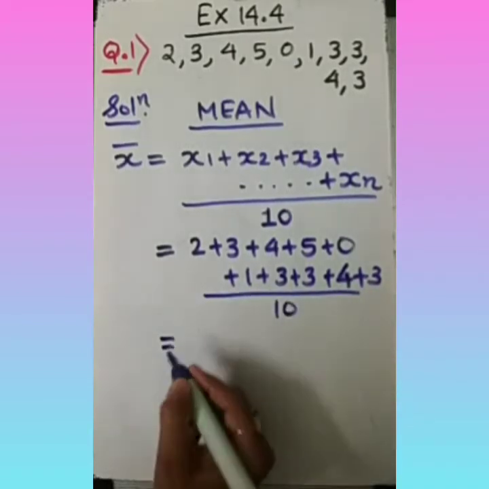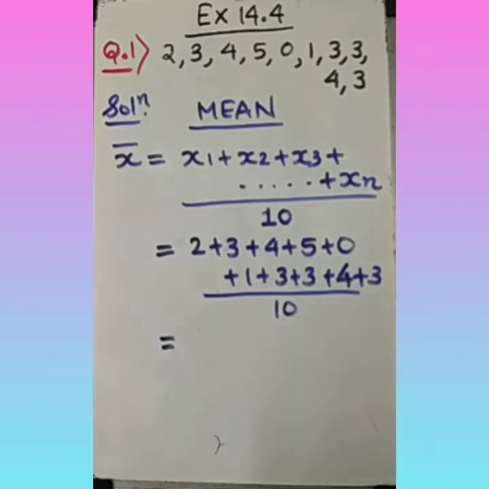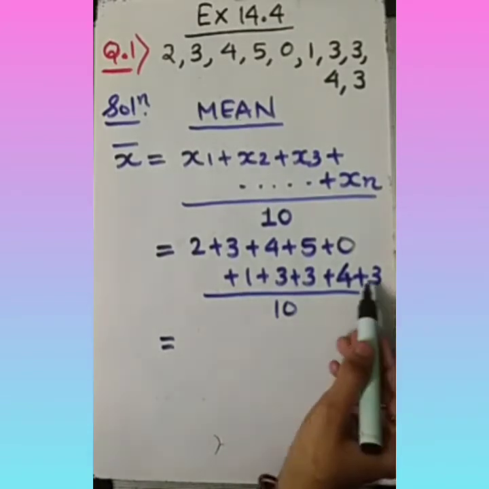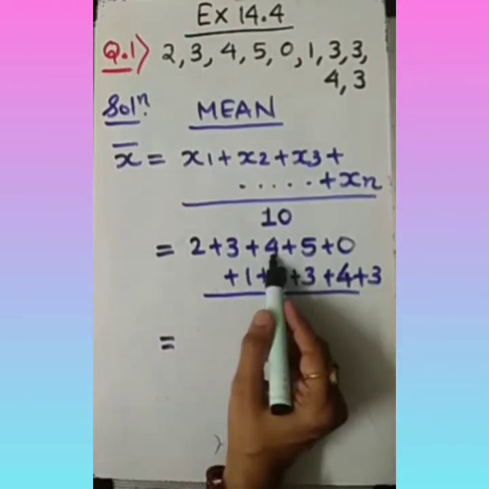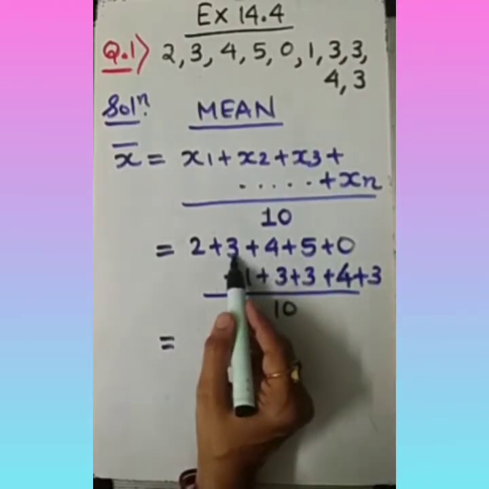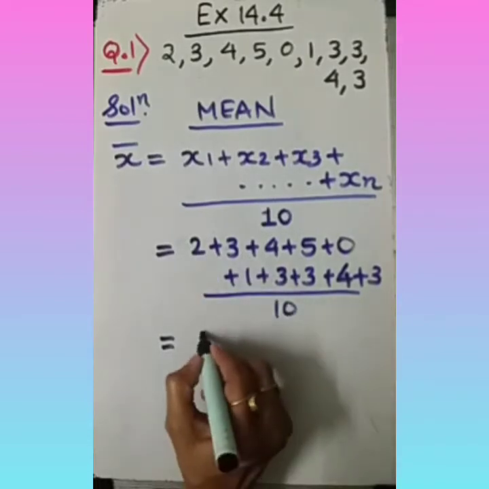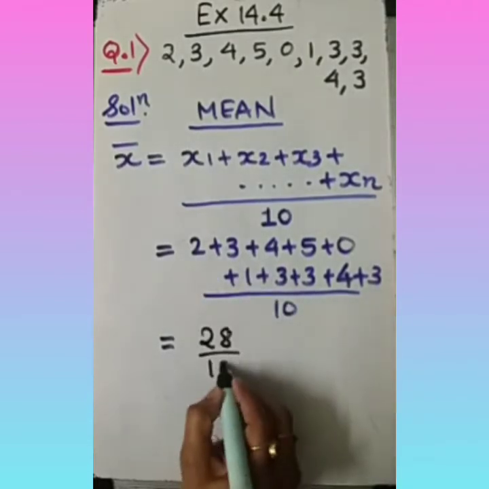What is the total coming of this? The sum of all this is coming 7, plus 3 is 10, plus 3 plus 1 is 14, plus 9 is 23, plus 3 is 26, plus 2 is 28, divided by 10.